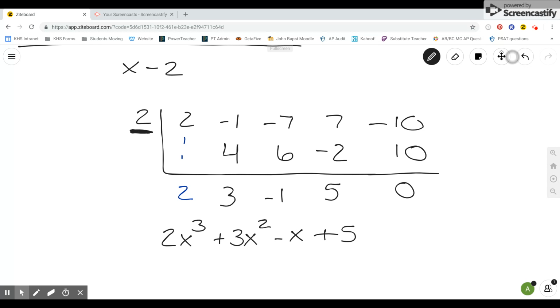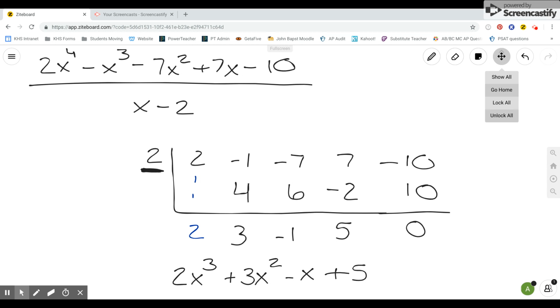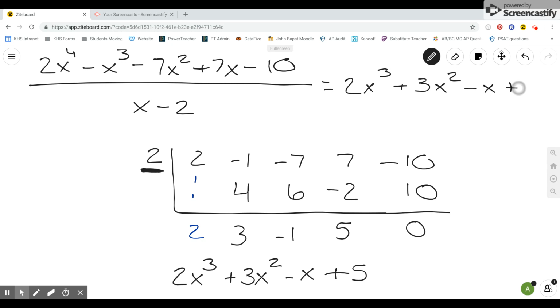So the answer to this division problem is 2x cubed plus 3x squared minus x plus 5.